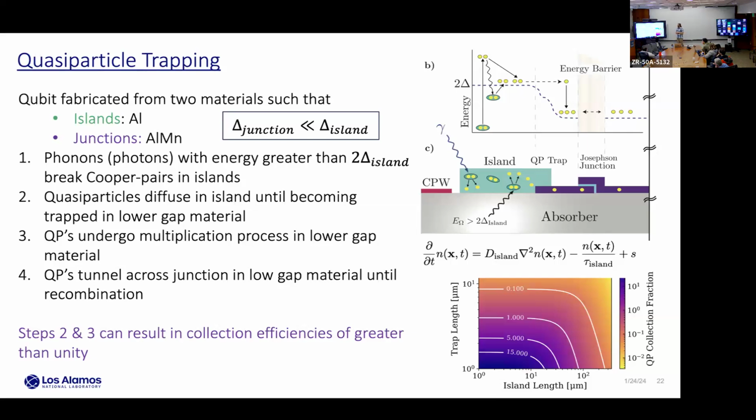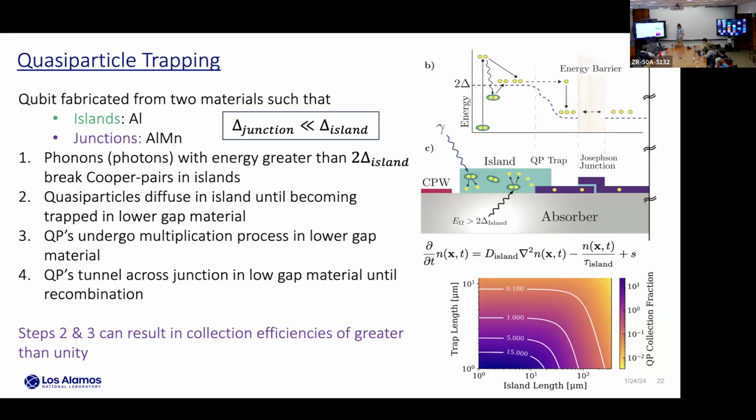So we've been discussing with collaborators at Argonne to develop Josephson junctions on aluminum manganese alloys, where you can tune very slight amounts of manganese in there to tune the Tc to seemingly arbitrary amounts. So this is kind of ongoing R&D.